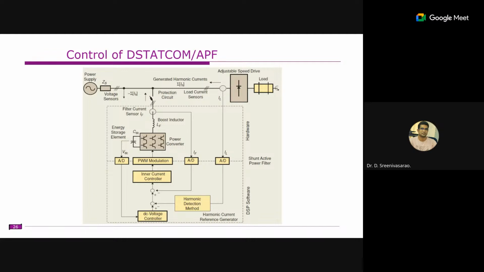In general, the distinction depends on earlier days. For example, if an industry is fed from some power supply and you connect a D-STATCOM, and another industry is there, and they are connecting their individual filters for harmonic compensation, that is known as an active power filter.